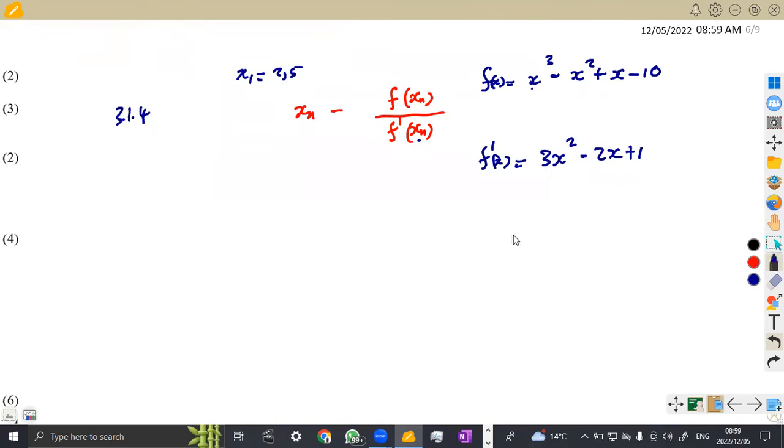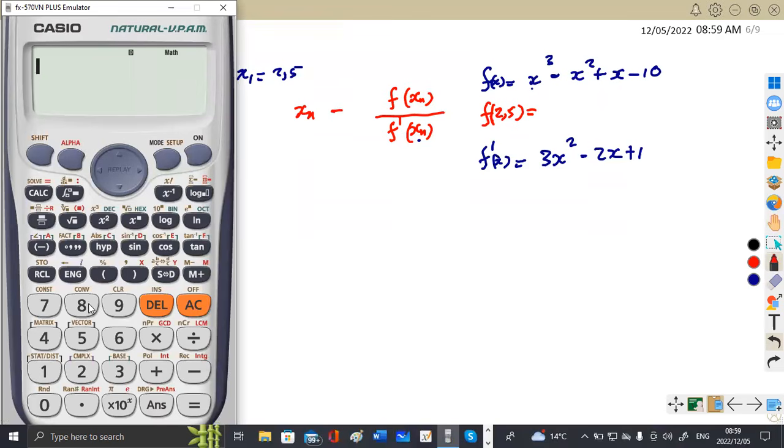Okay, so let's do this on our calculator. We are going to say here f of 2.5. What is the answer there? Actually, as for me, I prefer using a table than this way.